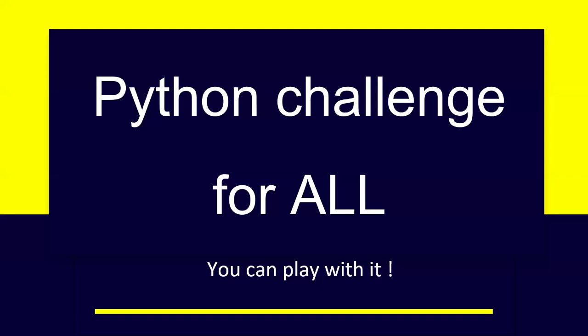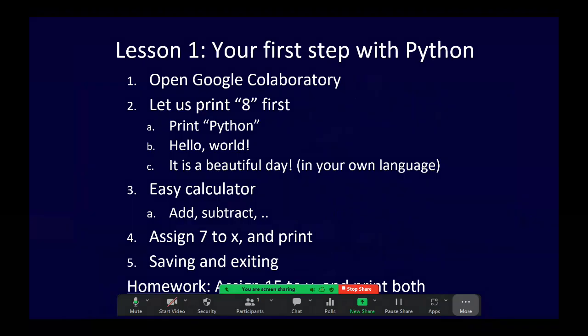Okay, let's see where we were last time. We were at lesson 2 today. Last time was your first step with Python. We opened Google Colaboratory and started to print something, including numbers and character strings, including hello world. We also tried to find how a calculator works.